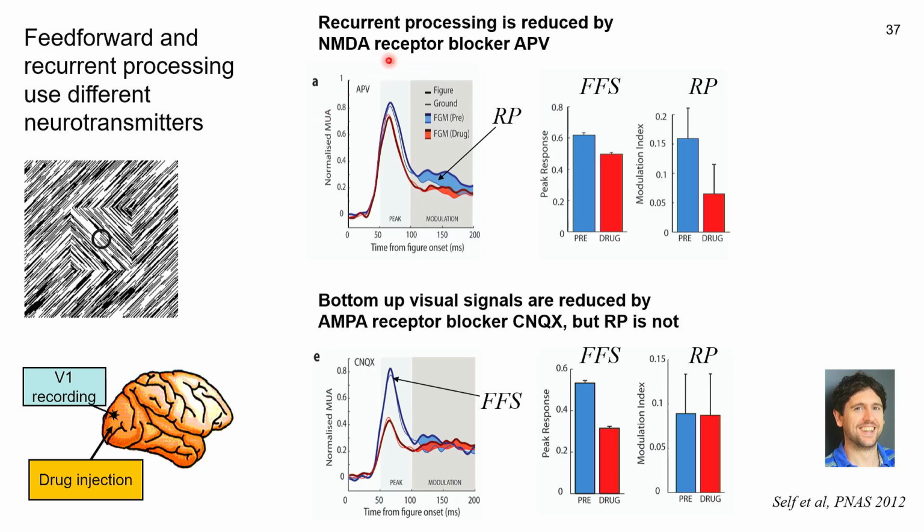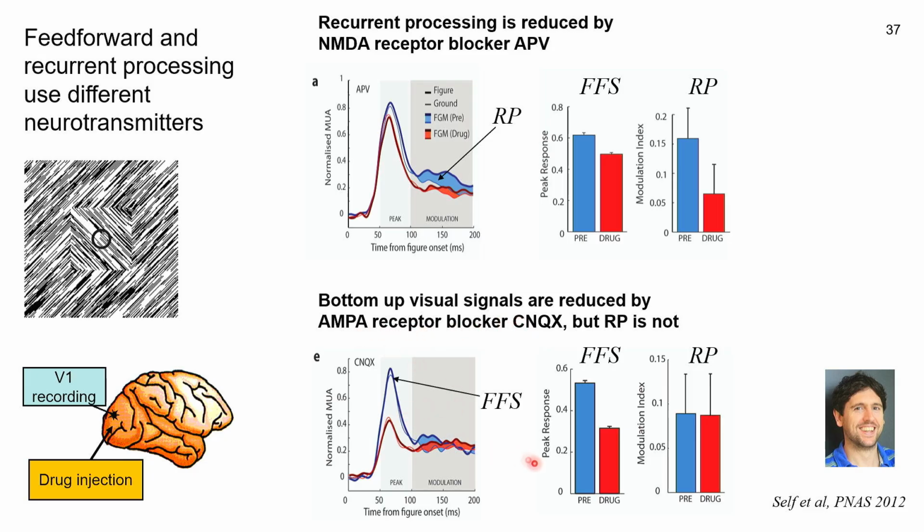If you block the NMDA receptors by injecting APV, you more strongly interfere with the recurrent interactions and not so much with the feed-forward signals. This is, again, recurrent signals evoked by these figure-ground stimuli that I showed you a lot already. As you can see, there's some interference with the feed-forward sweep, but there's way stronger interference with recurrent processing signals. Well, the opposite happens if you block the AMPA receptor with CNQX, which is just a drug which does that.